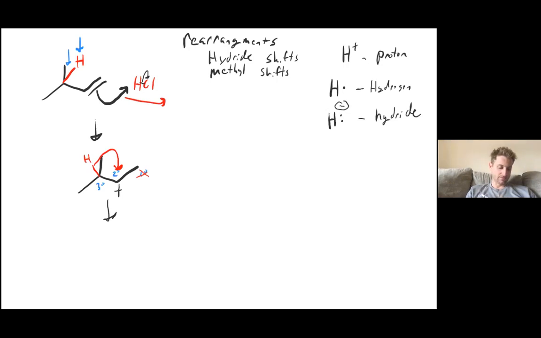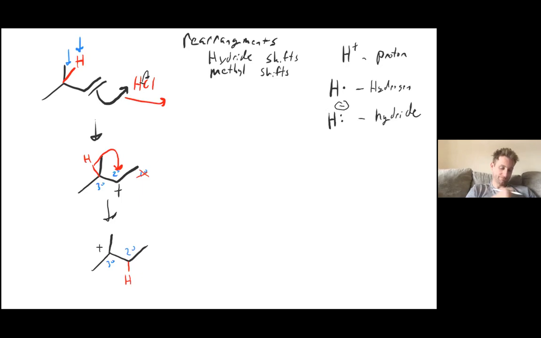That hydrogen or that proton and its 2 electrons are going to replace the secondary center, which is going to make a new gap on our tertiary center for a new positive charge. And we'll have shifted our stability from a secondary center to a tertiary center. So we went downhill in energy. We're now at a more stable center.